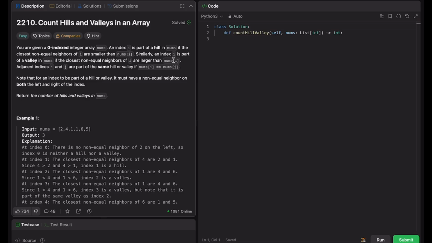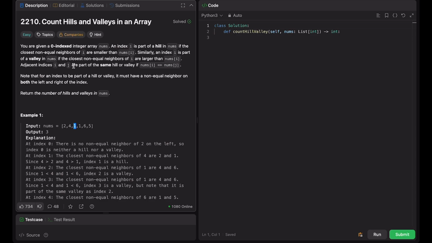Similarly, an index i is part of a valley if the closest non-equal neighbors of i are larger than nums[i]. So let's take the 1 here. If you see, 4 and 6 are greater, and this is smaller, which means this is a valley.